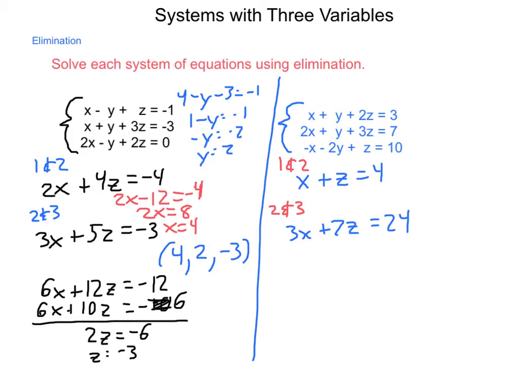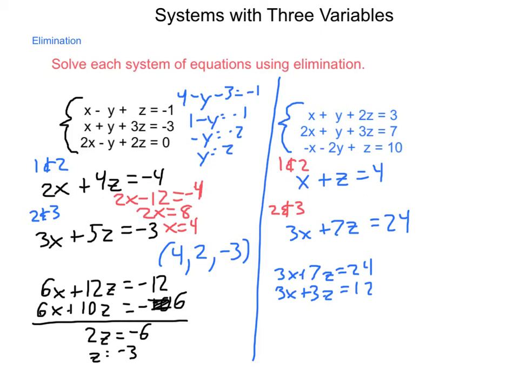Now, I will need to combine these equations in such a way that it eliminates a variable. So what I'm going to choose to do is rewrite these. I'm going to keep 3x plus 7z equals 24. Then I'm going to triple the second equation. I have 3x plus 3z equals 12.